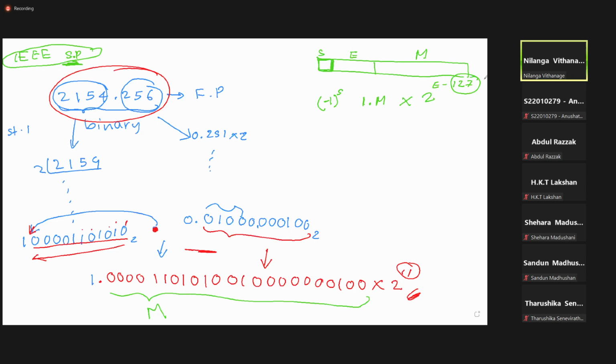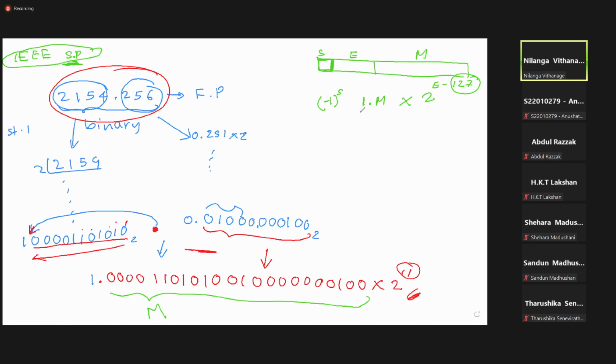So there's a unique number for each format. Since this is a default format, you can get this number directly, right? You don't need to calculate everything, because this calculation is a little bit long. Otherwise, you won't be able to finish your final exam paper within the given period.